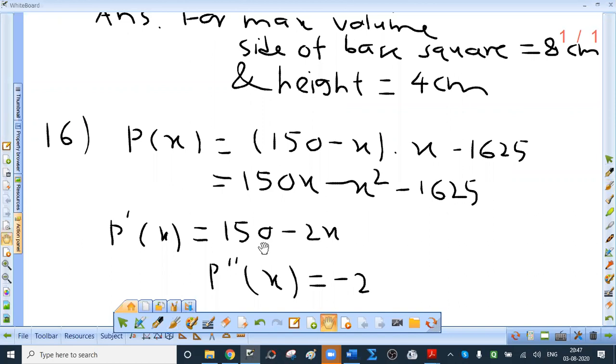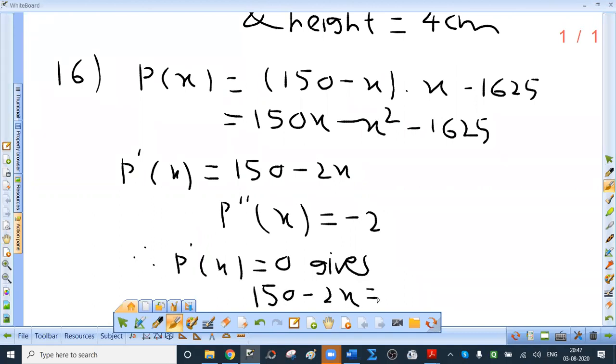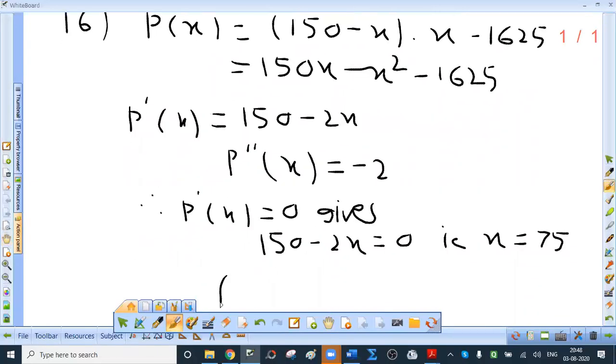Now find roots of p dash of x equal to 0. Therefore, p dash of x equal to 0 gives, what does it give? 150 minus 2x equal to 0. That is x equal to 75. Now at this point, you have to examine whether second derivative is positive or negative. Basically, second derivative is always negative. But does this mean that function possesses maximum at all the values of x?